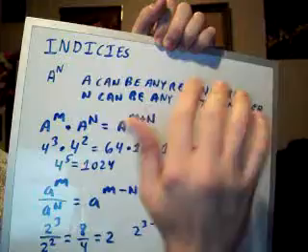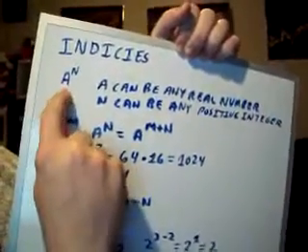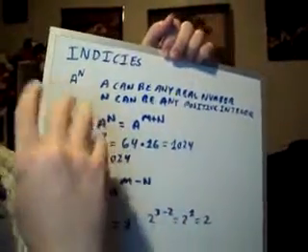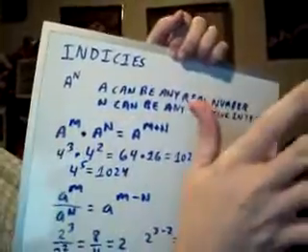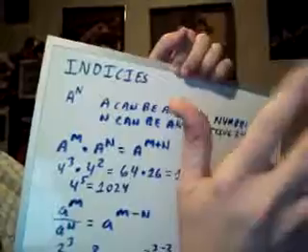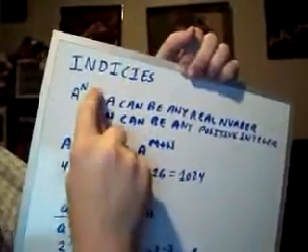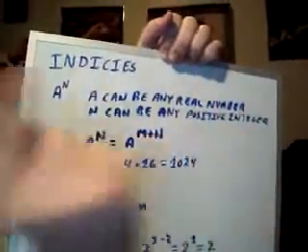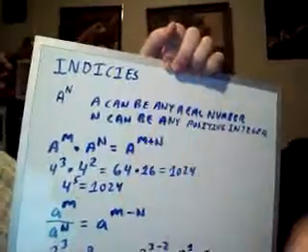Now, when it comes to indices, they're a little more specific. A can be any real number. It can be a negative number, it can be a positive number, it can be a decimal number, it can be a fraction number. It doesn't make any difference. But the N must be a positive integer.